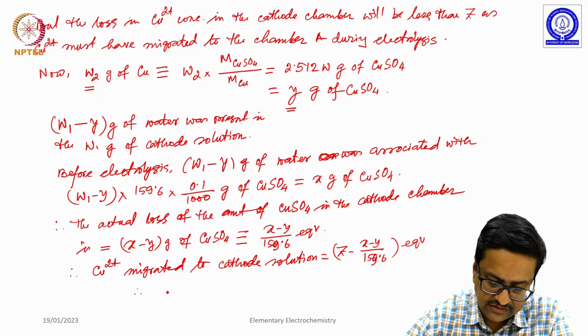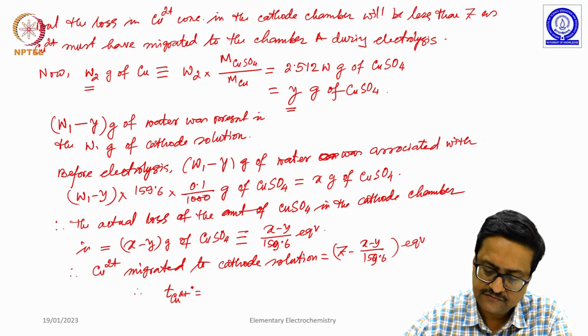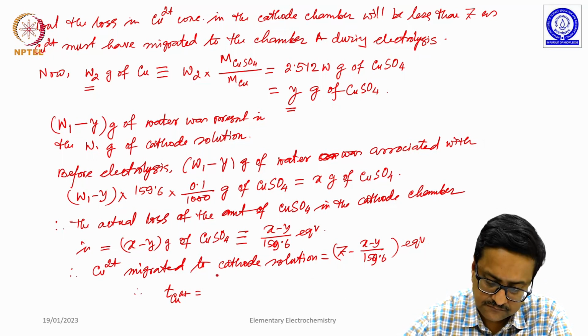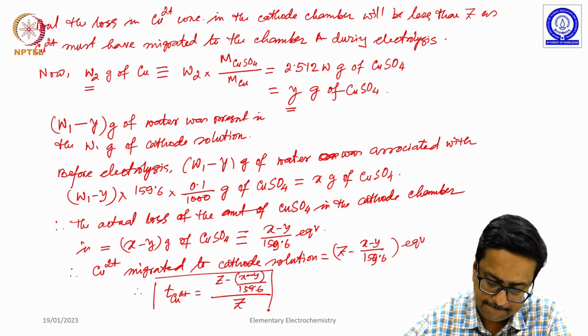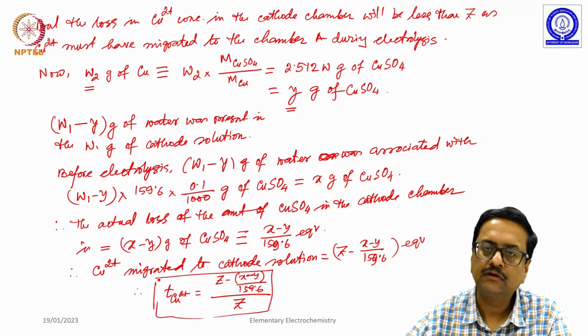Therefore, the transport number of Cu2+ is simply Z minus (x minus y) divided by 159.6, divided by Z, right?